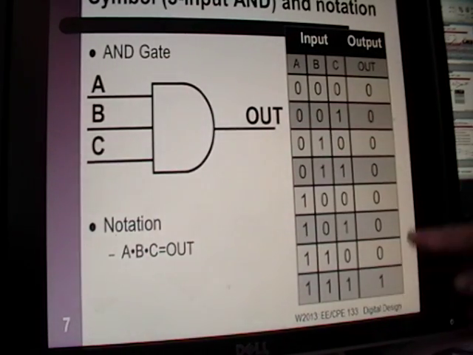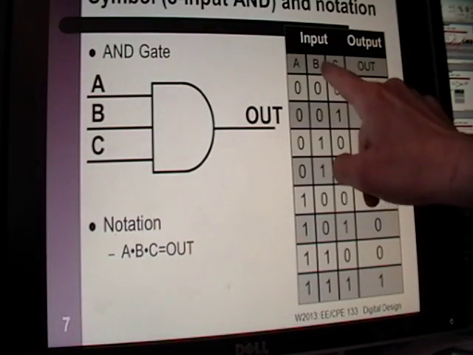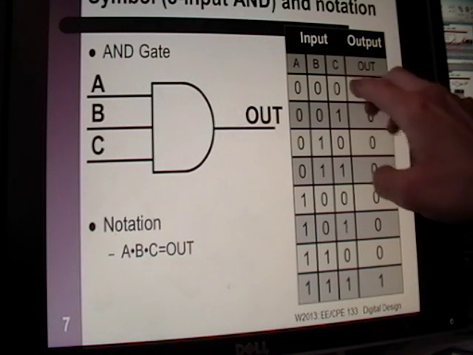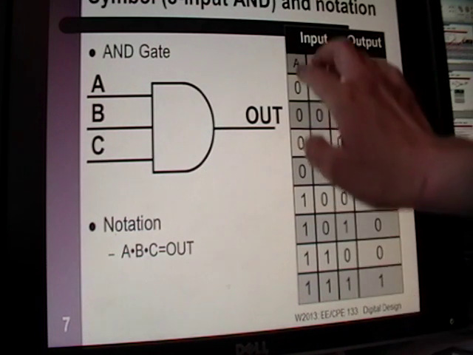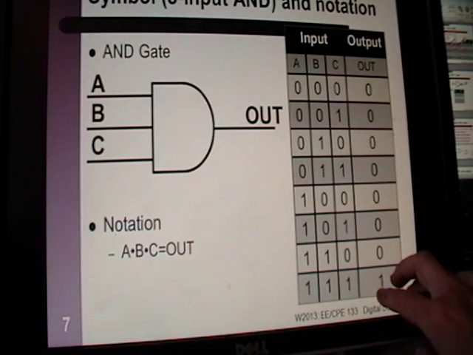So here's a truth table. What happens when you have more inputs means that on the left side of the truth table are your inputs, and the right side are your outputs.